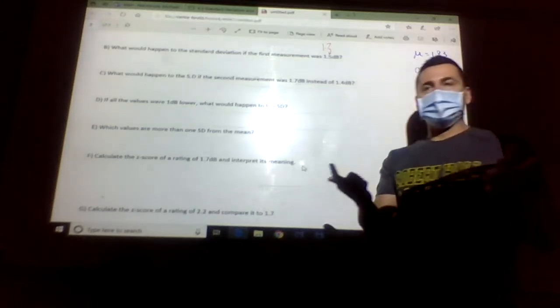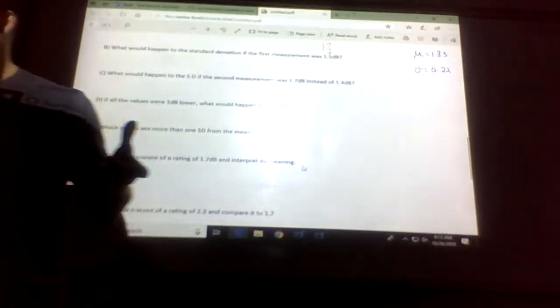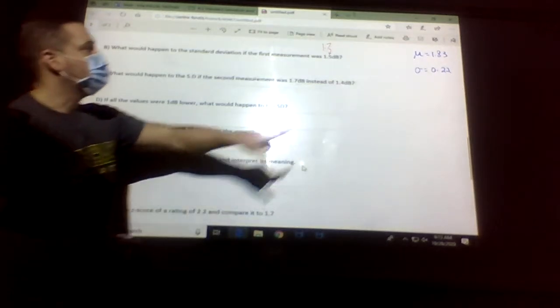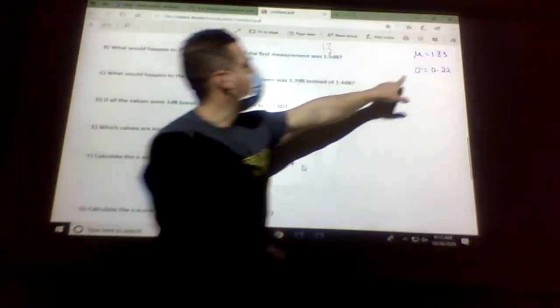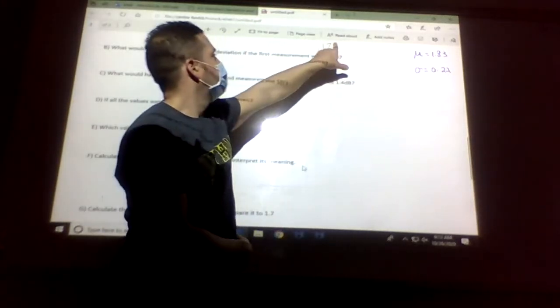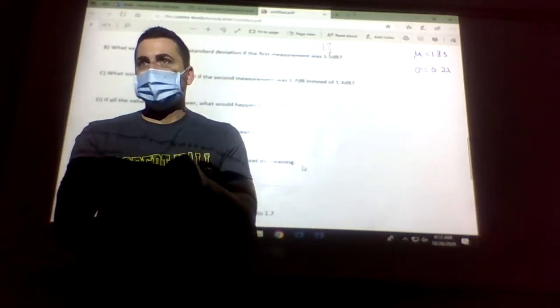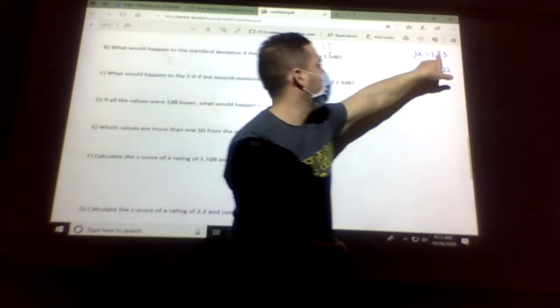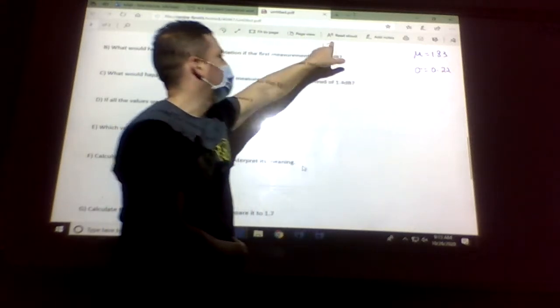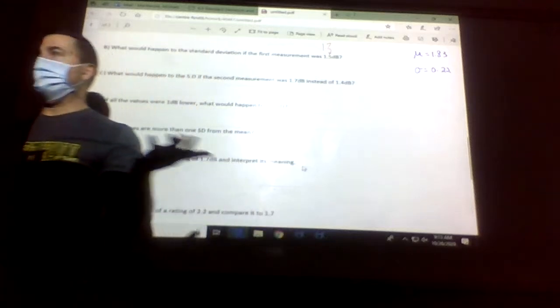The higher the standard deviation, the further apart the values are. So 1.5 is further from the average than 1.7. So if it's further away, it's going to increase the standard deviation.